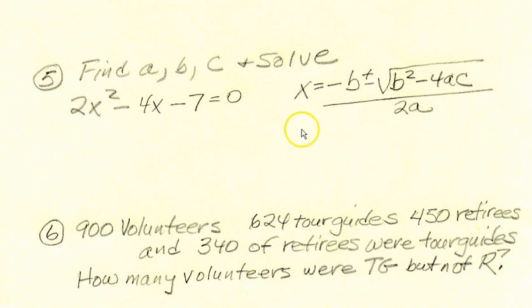They're asking us to solve this quadratic equation. It doesn't factor. They ask us first to find A, B, and C. So our A is a 2. Our B is a negative 4. And our C is a negative 7.